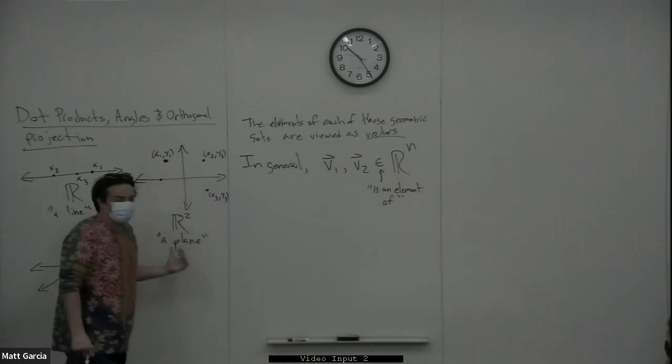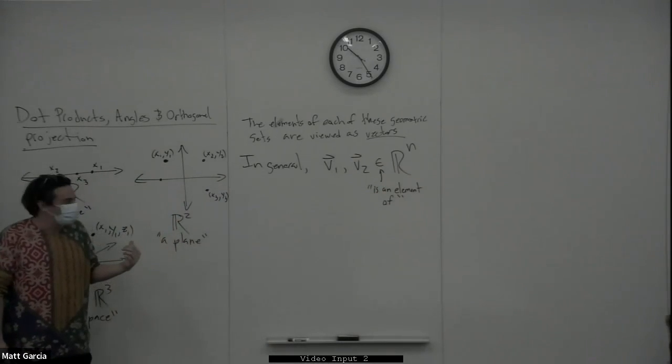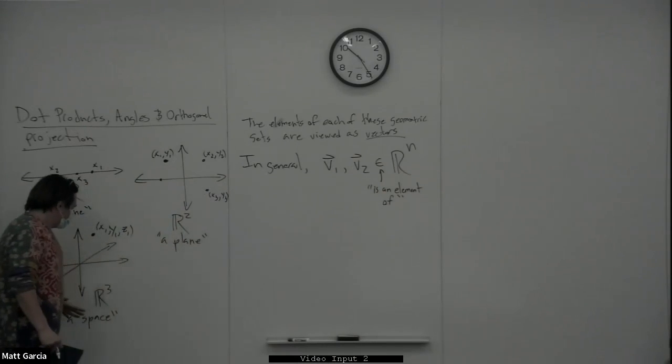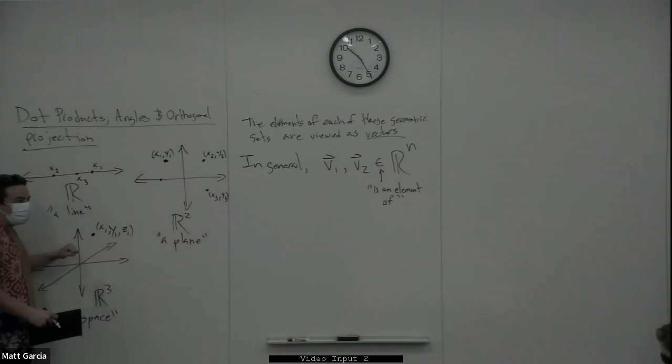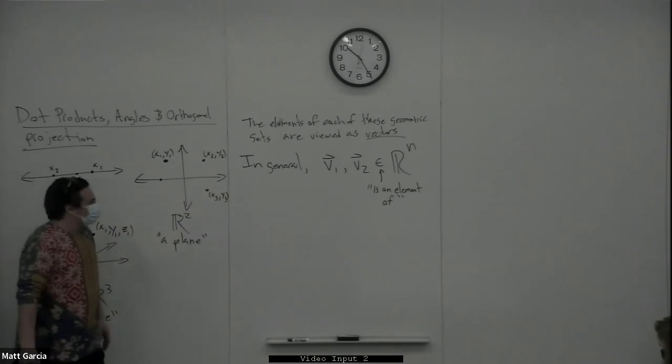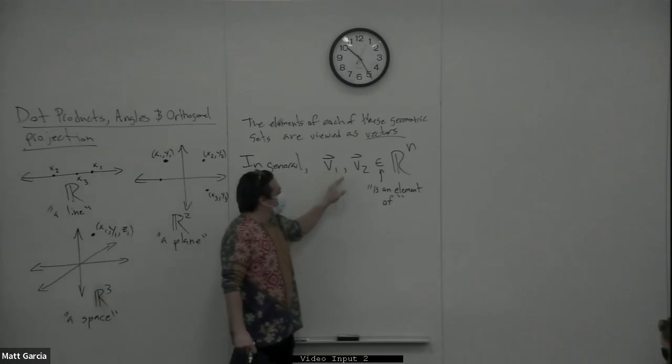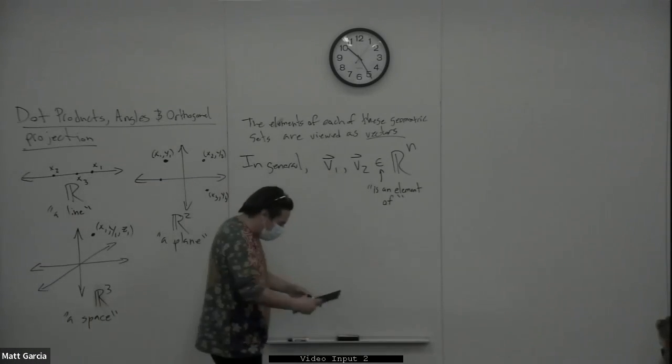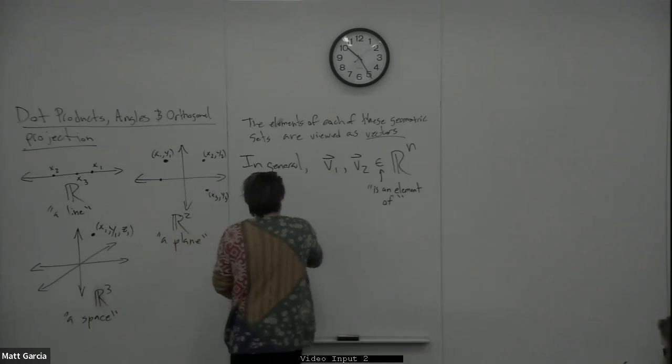Obviously, I can't draw more than 3-dimensional space, but hypothetically, I can continue to add axes in a mutually orthogonal way for arbitrarily large positive n. So in general, if I take 2 vectors, here's what I'm allowed to do.